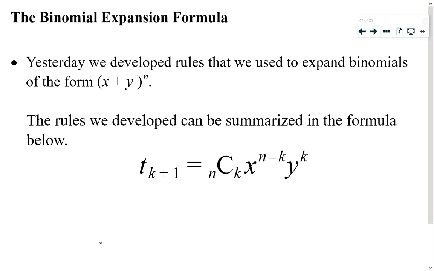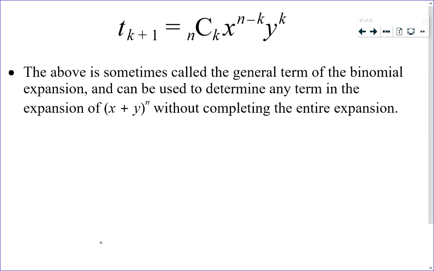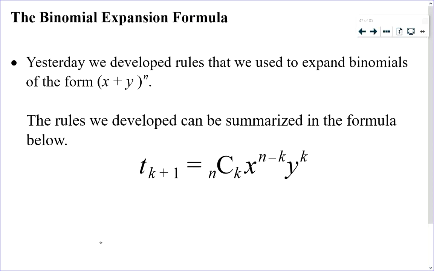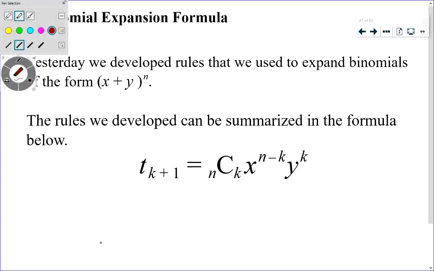But what that is, is the formula. And the most difficult thing about that formula is understanding the k plus 1 on the left. So let's just leave that alone for a second. Would you agree that this key number I've been talking about is the number that goes here?